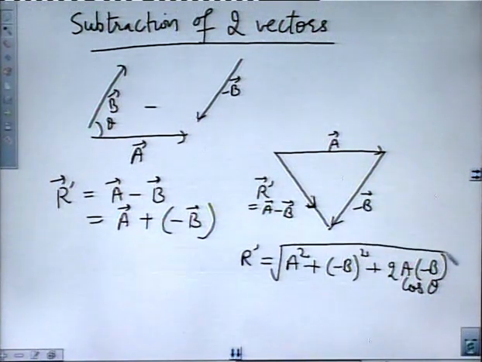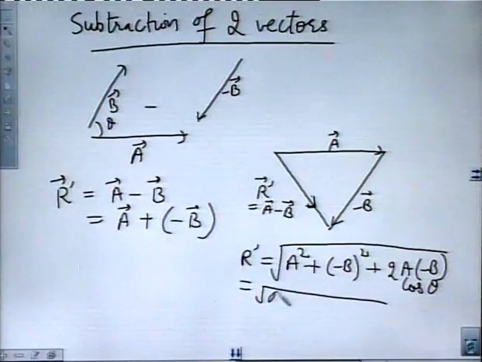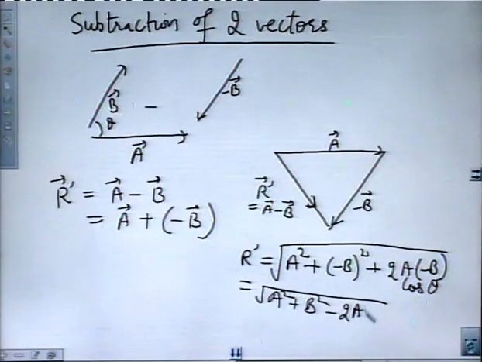This is equal to the square root of A square plus B square minus 2AB cos of theta. So this is the subtraction of two vectors.